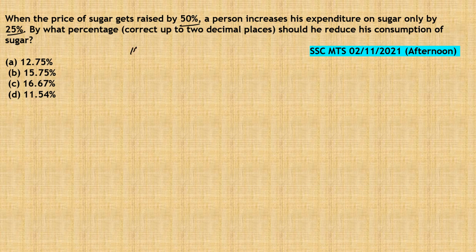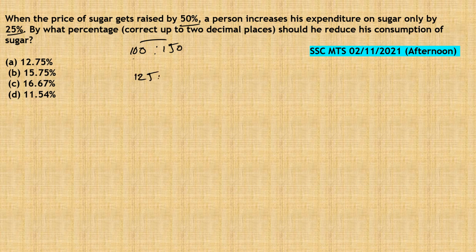See here. 100 was the price of the sugar and it got increased by 50%, that is 150. He was spending 100 rupees to get 1 kg of sugar. Now the price is 150. If he needs to buy 1 kg of sugar, he needs to spend 150 rupees, but he is spending 125 rupees only.